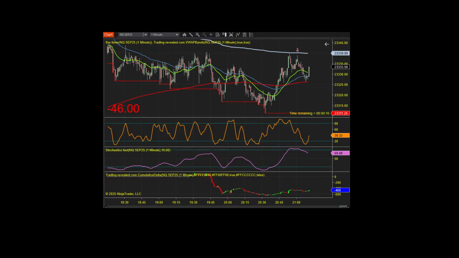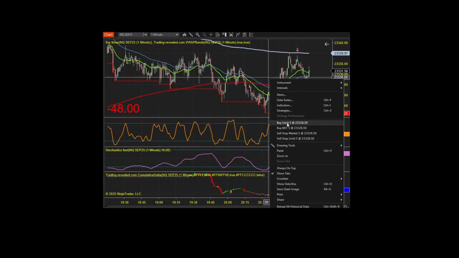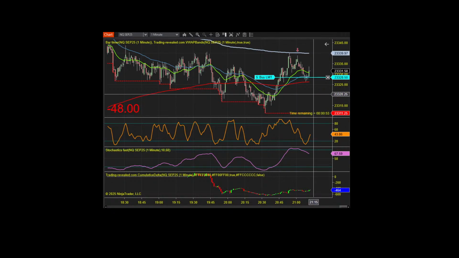Don't really want to chase it. But what would be even better is if we come back down here and we've got a little bit of a divergence in this stochastic here. So let's just see if we can get filled here.